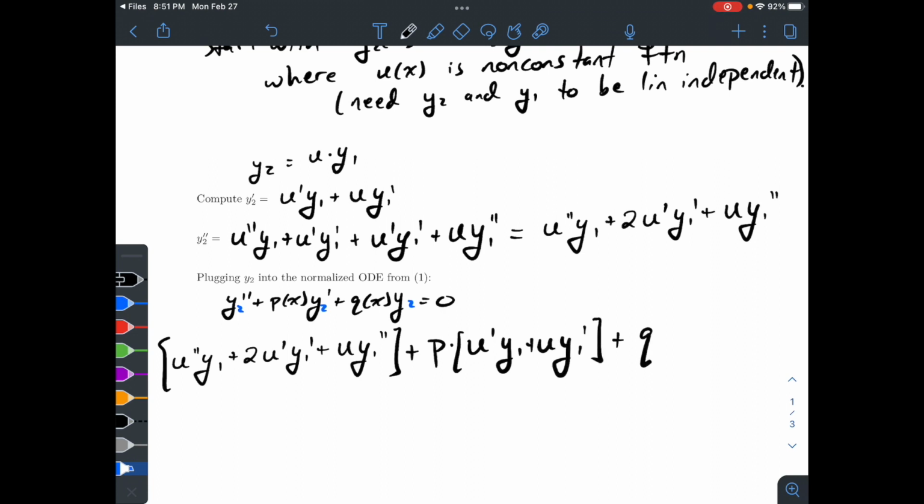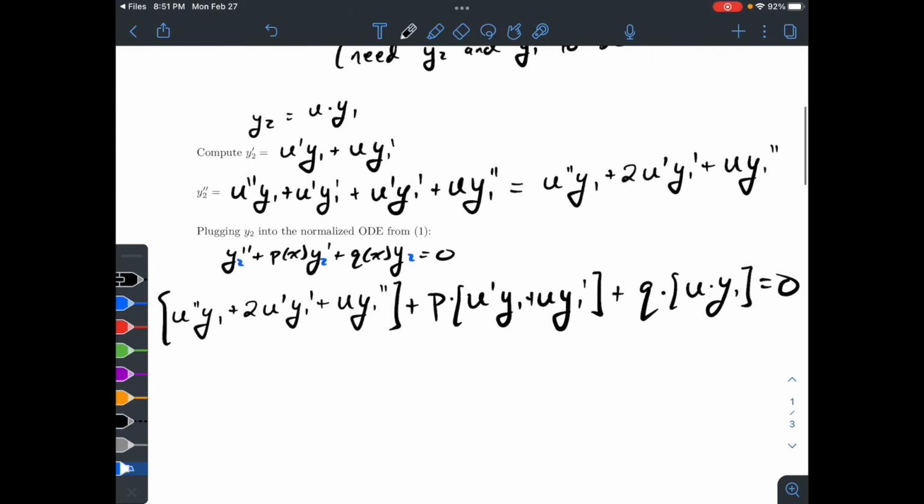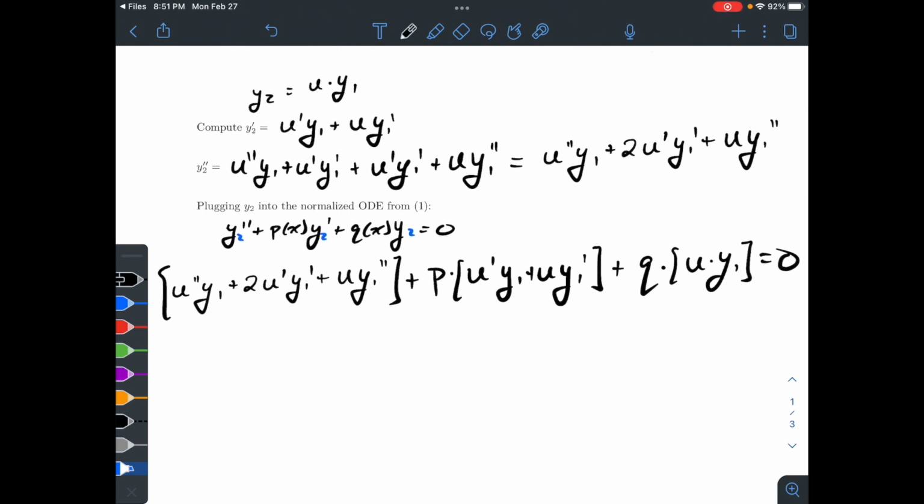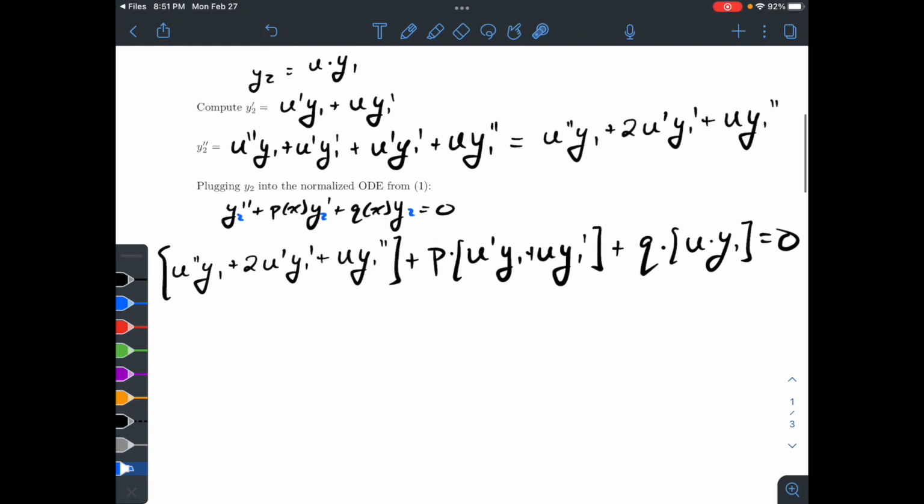And then q times y2. Y2 is just u times y1. And this is equal to 0. So this is super messy, but we're going to be able to simplify this down to something a lot nicer, and this is how we're going to do it.